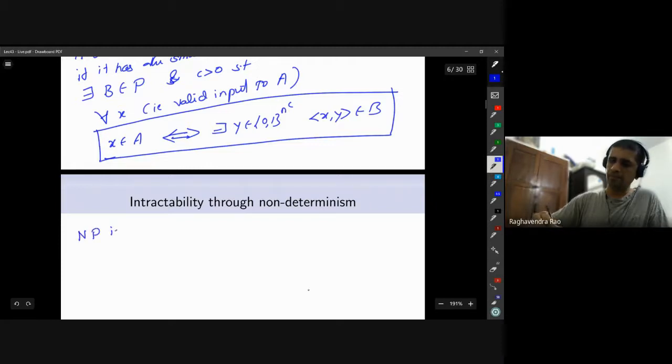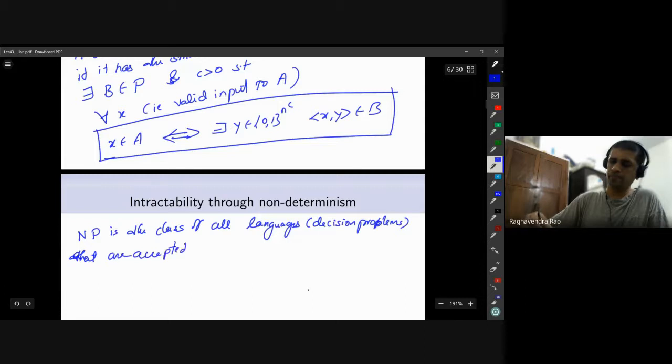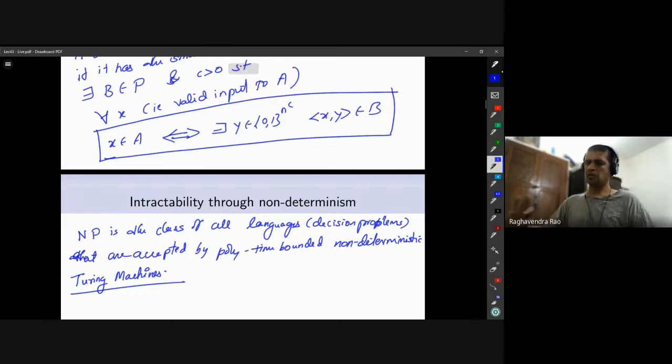NP is the class of all languages, that is, decision problems, that are accepted by polynomial time bounded non-deterministic Turing machines. Okay, so this is the formal definition of NP.